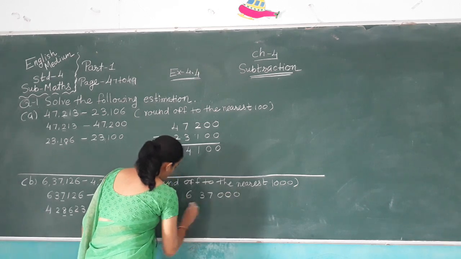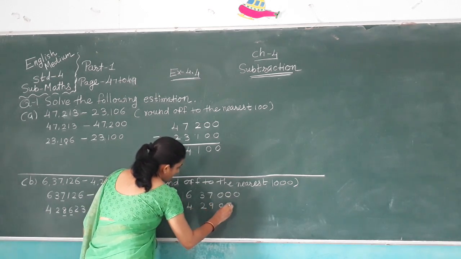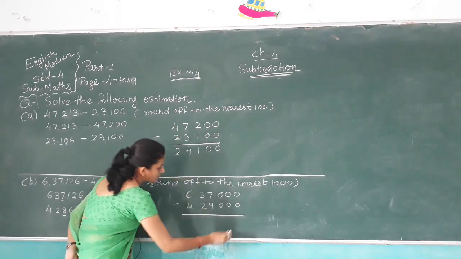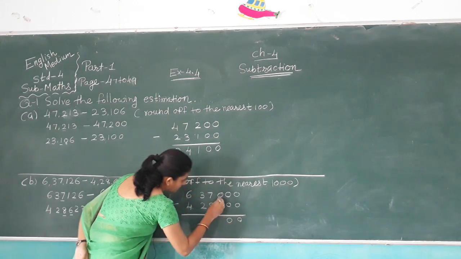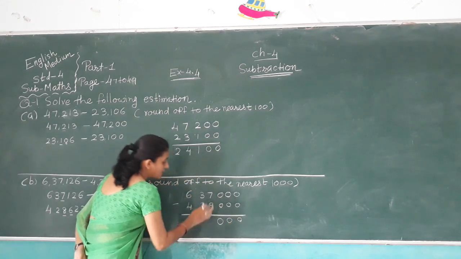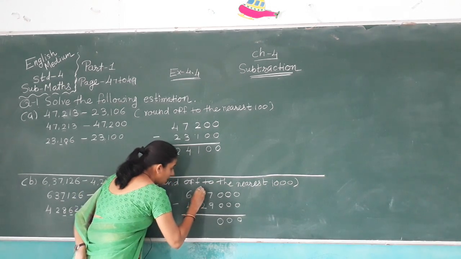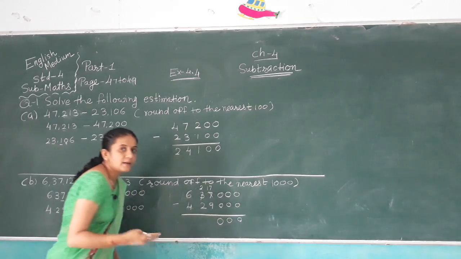3,37,000 minus 4,29,000. 0 minus 0, 0. 0 minus 0, 0. 0 minus 0, 0. 7 minus 9 is not possible. Cut here 3, write here 2, here 17. Take 9 fingers.